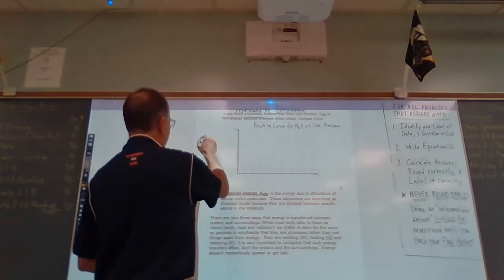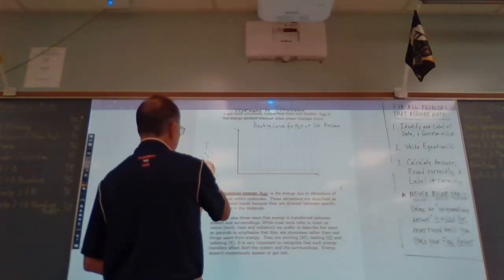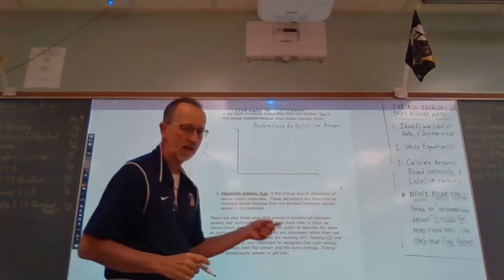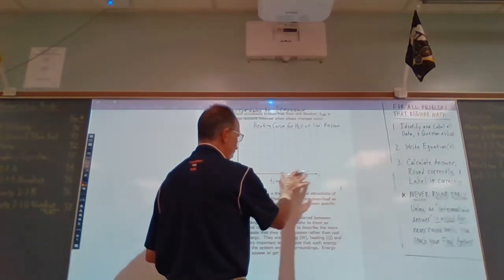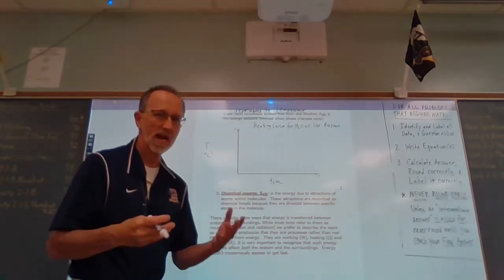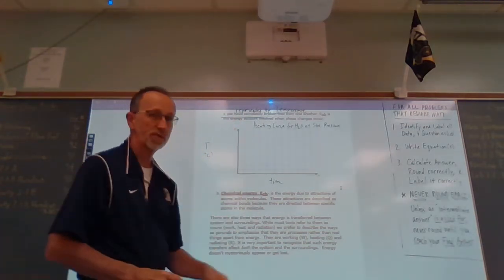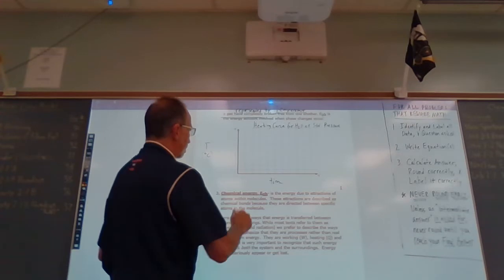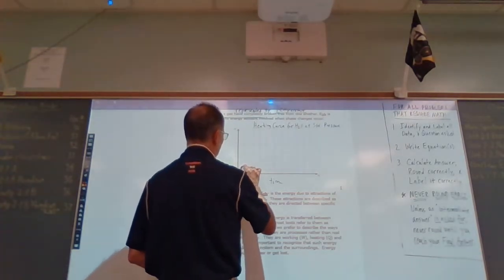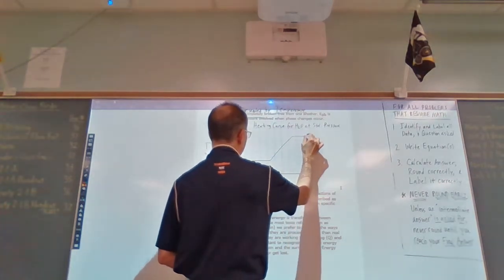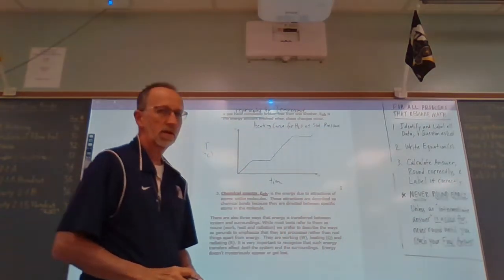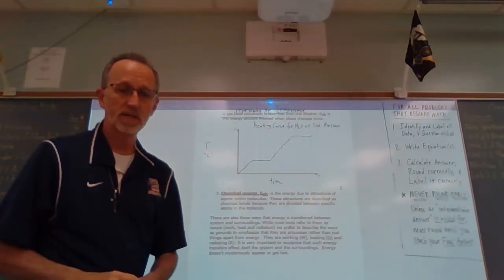So this is temperature on the Celsius scale, and this is time. So of course, as we go this way, more time has elapsed. As we go this way, of course, the temperature increases. So this would be what we call a standard heating curve for any substance, but we're going to talk about water.